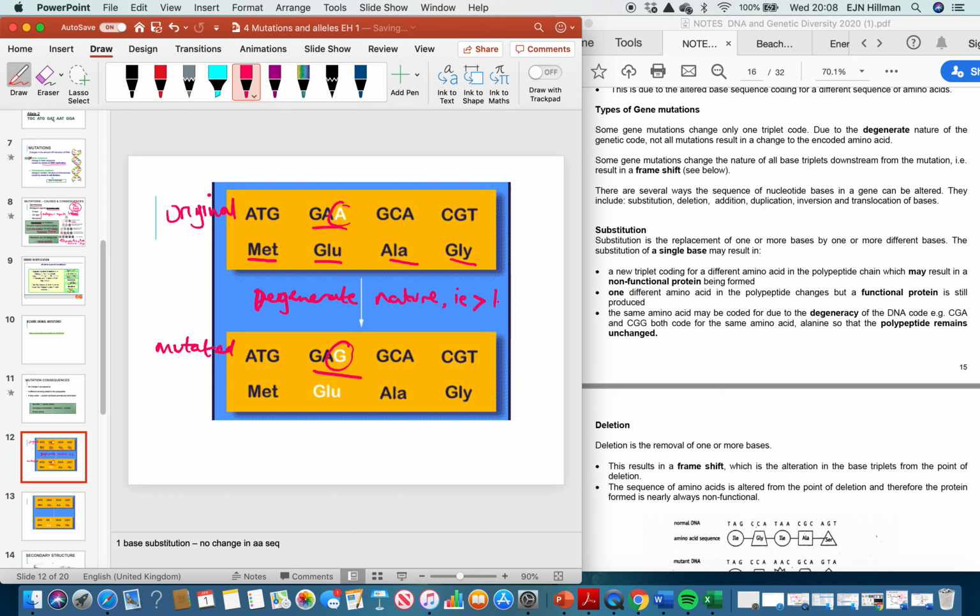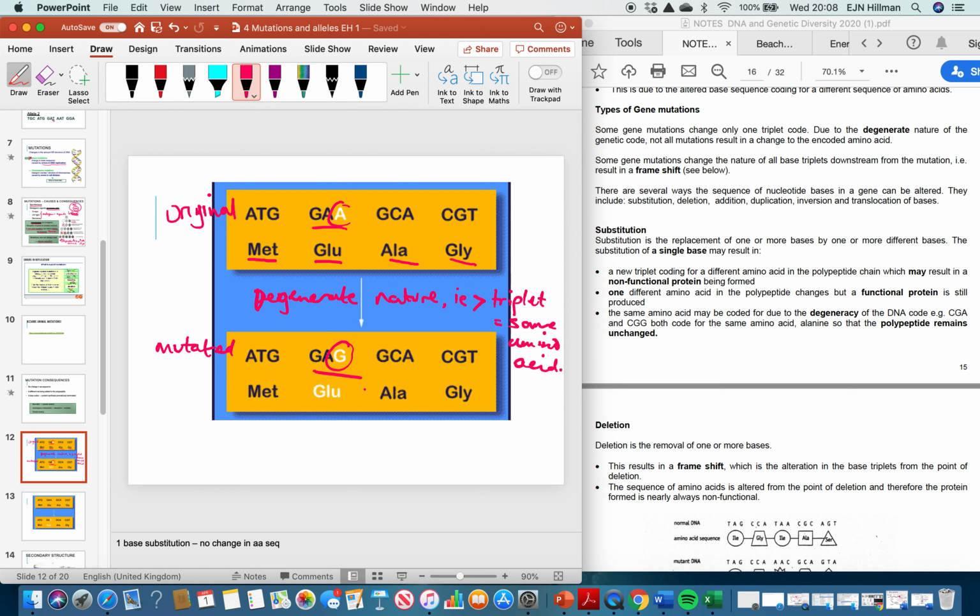So after transcription and translation, this original sequence of nucleotide bases codes for the same amino acid as this sequence of nucleotide bases. So this is a substitution that has no effect. The polypeptide, therefore, remains unchanged.